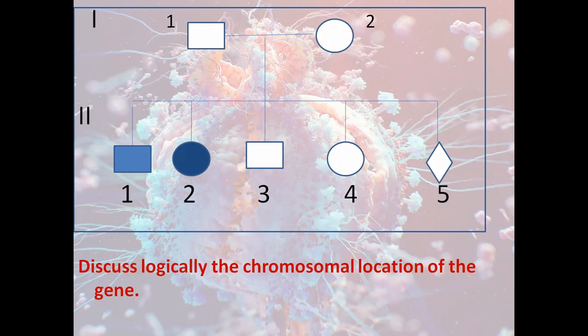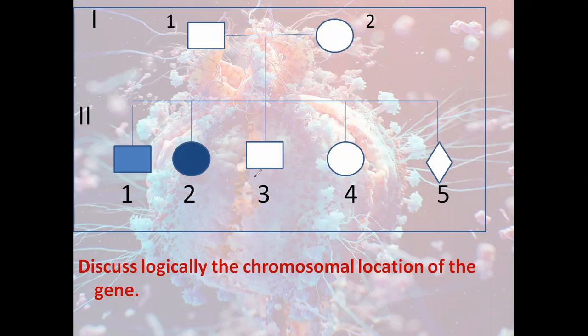And if this disease is located on the non-homologous part of Y, none of the females should be affected. But in this pedigree, we have 2-2, who is affected, so it's not the case. If it's located on the non-homologous part of X, I told you before, whenever you have a pedigree, I prefer to draw it in front of you.